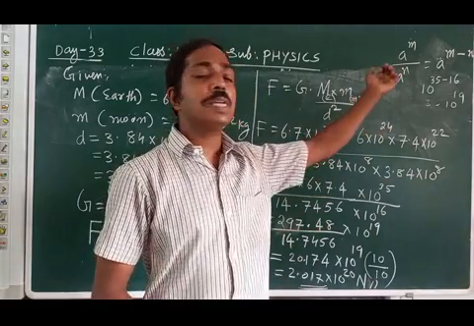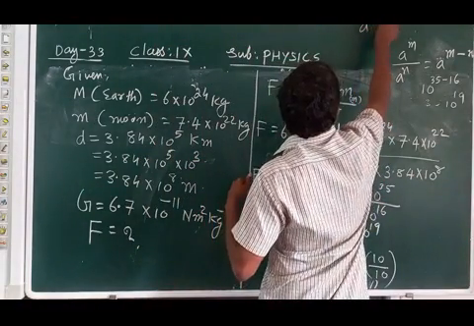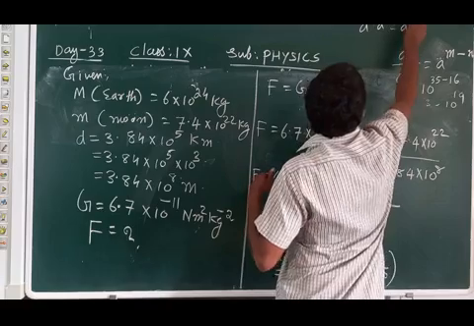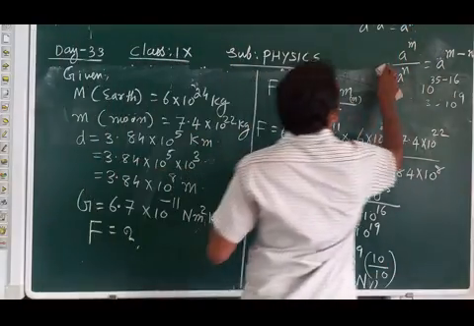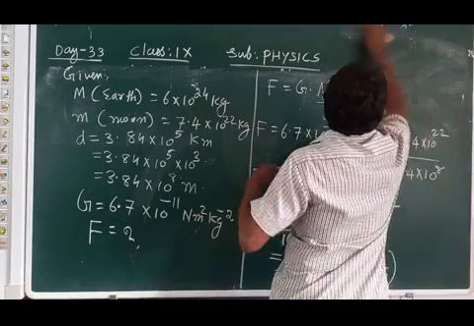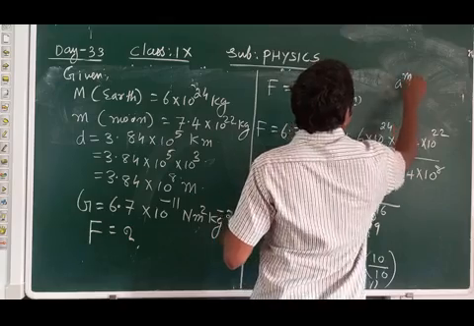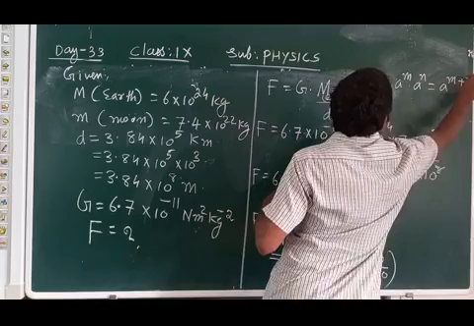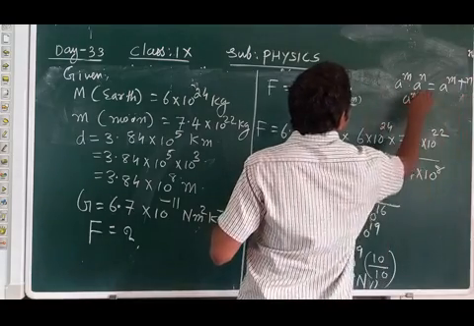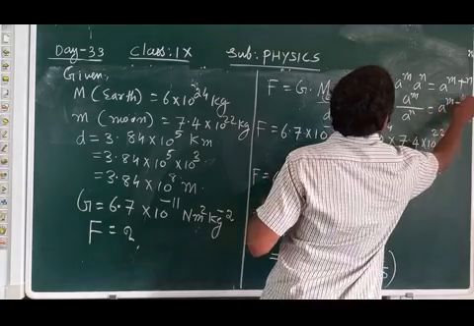In exponential mathematical equations we studied that a raised to m into a raised to n means a raised to m plus n. Then a raised to m divided by a raised to n means a raised to m minus n.